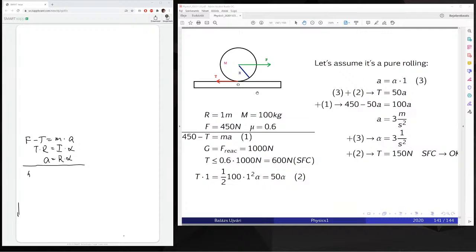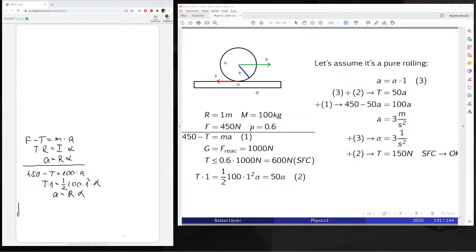So 450 minus T equals 100 times a. T times 1 equals 1 over 200 times 1 square times alpha, and a equals r times alpha.